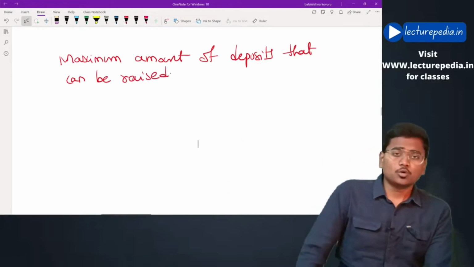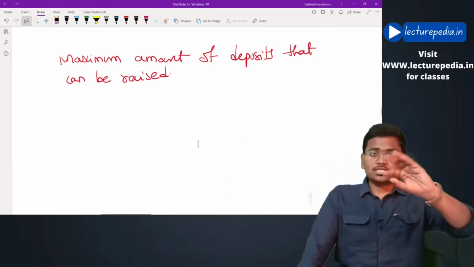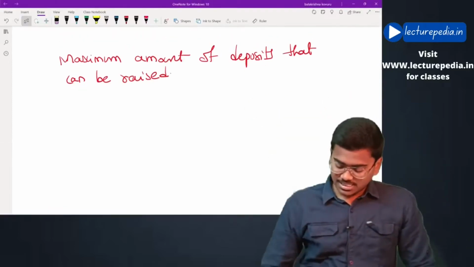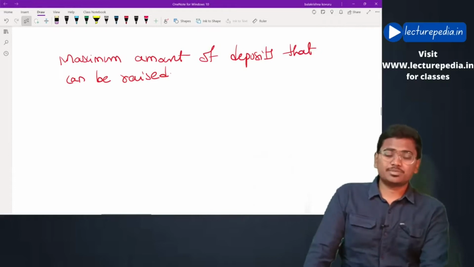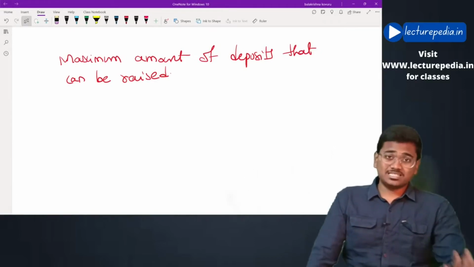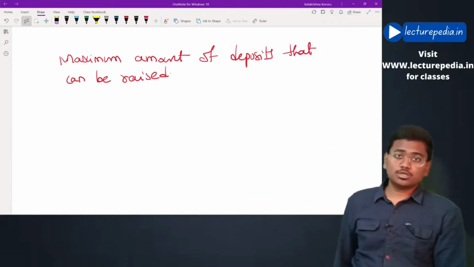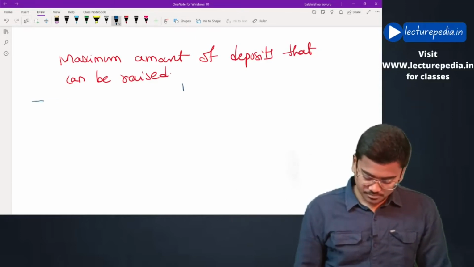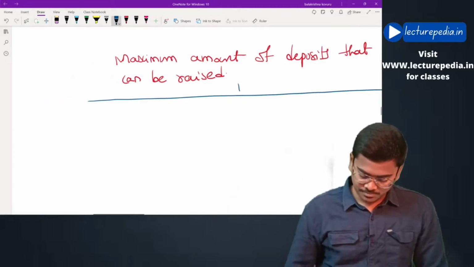Here we have two types of companies. Okay, there are eligible companies and there are non-eligible companies. There are separate limits prescribed for eligible companies and for non-eligible companies. Okay, so first of all we'll classify it into eligible and non-eligible.